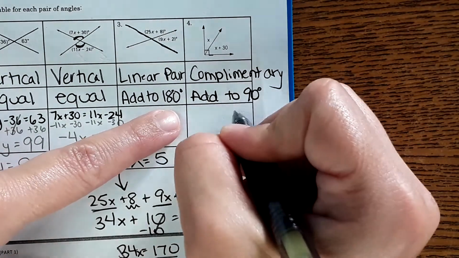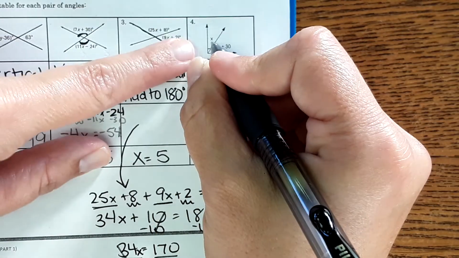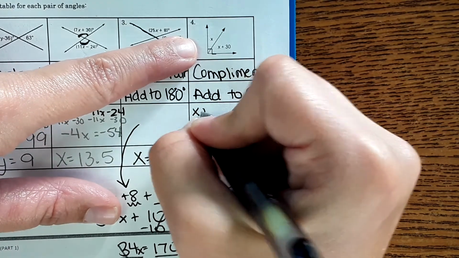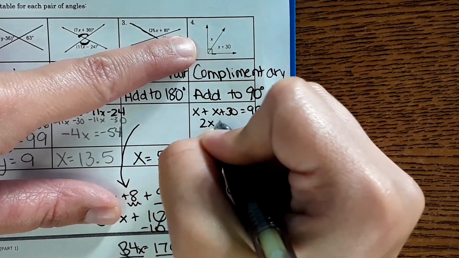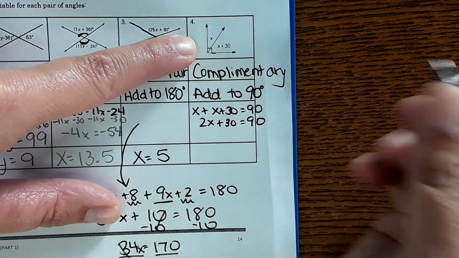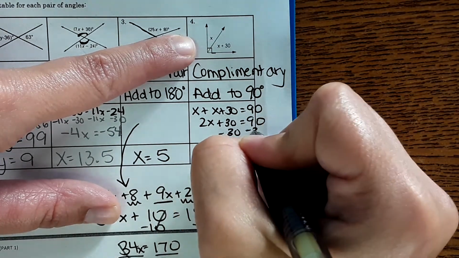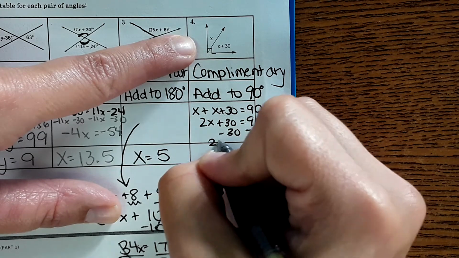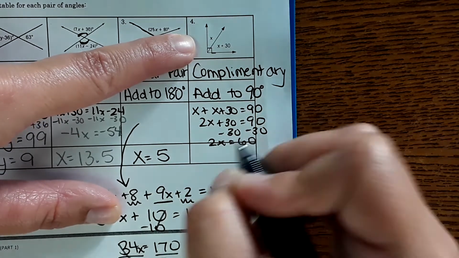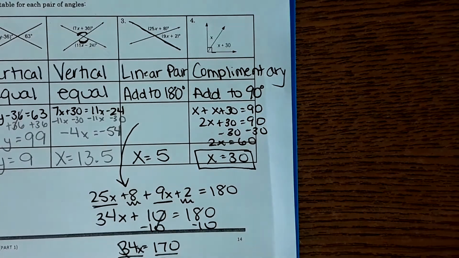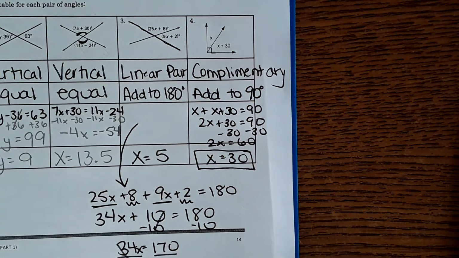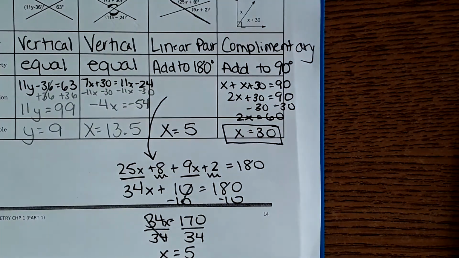And then in here we do x plus 30 equals 90. So 2x plus 30 equals 90. And just solve from here. That's it.